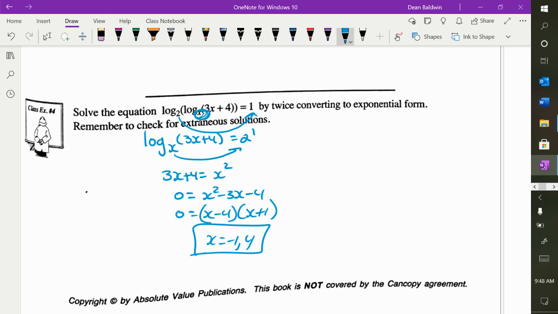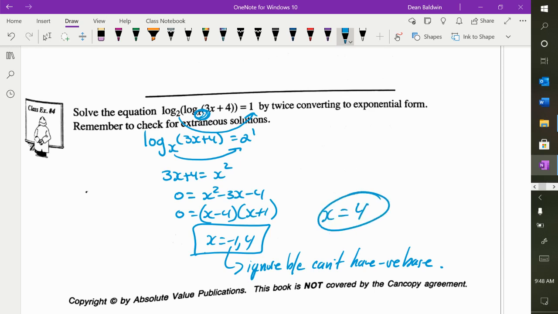No. So this -1 is ignored because you cannot have a negative base. Ignore, can't be, cross out, eliminate. So x is just 4.